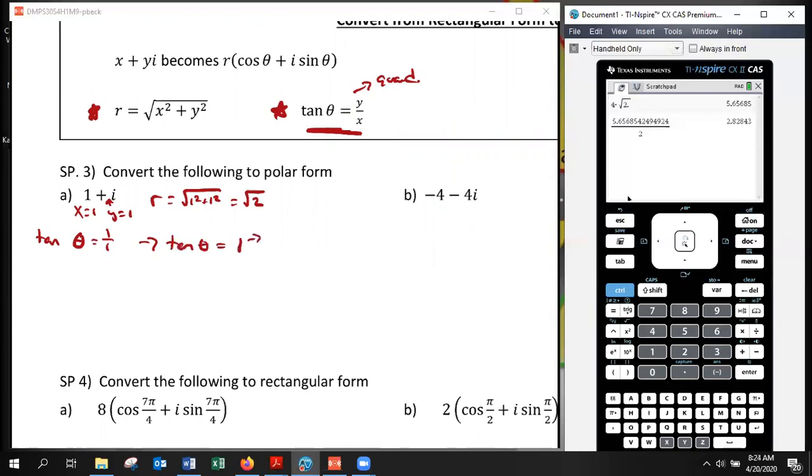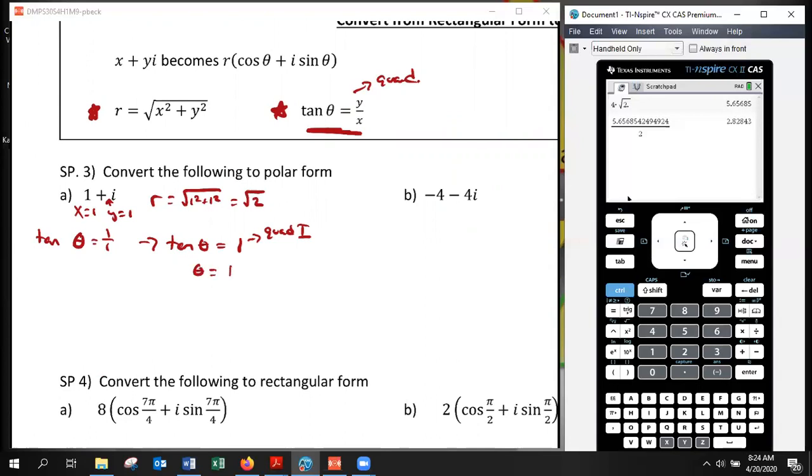Now, what I like to focus on is that this is in quadrant 1. And like I showed with our chapter 9.1 video, we need to make sure we know what quadrant we're in so we can actually work with that angle properly. Because tangent is 1 in both quadrants 1 and 3, but our angle has to be the quadrant 1 version of it.